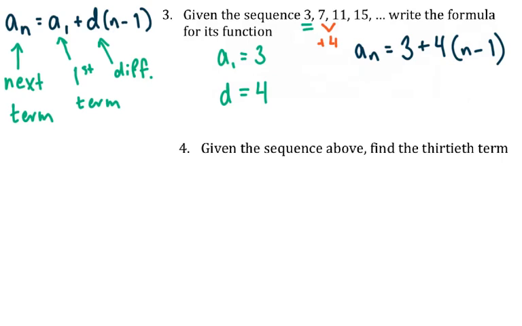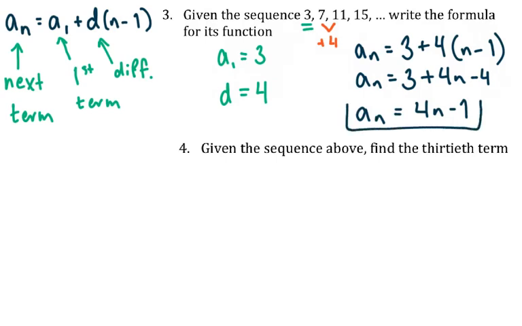You can leave it like this, but you'll often find it simplified using the distributive property here, and then the like terms combined. And that's a fine equation. You can leave it just like this. If you want it to look more like the equations you're used to in terms of x's and y's, you can just replace that first term, y is equal to 4x minus 1, like that. Both ways are just fine. You're just using different variables.